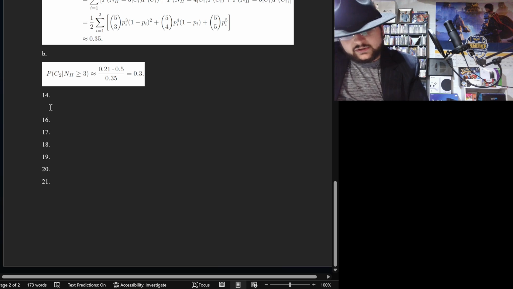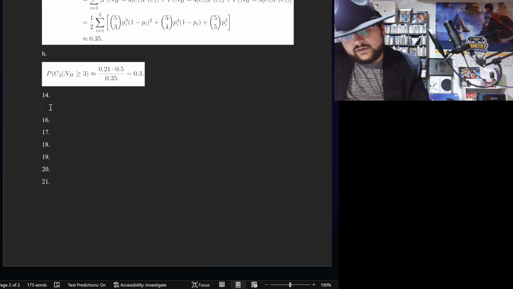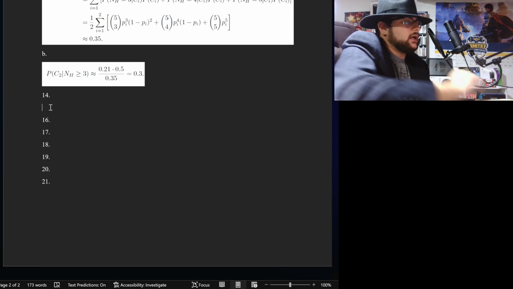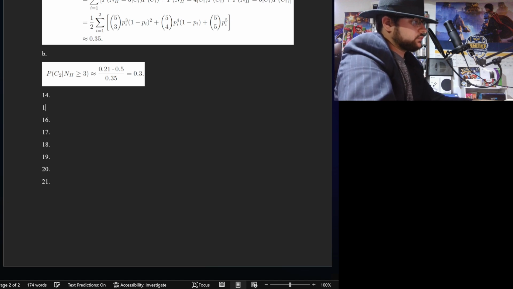14. There are 15 people in a party, including Hannah and Sarah. We divide the 15 people into 3 groups, where each group has 5 people. What is the probability that Hannah and Sarah are in the same group? Uber easy. We just go like this.